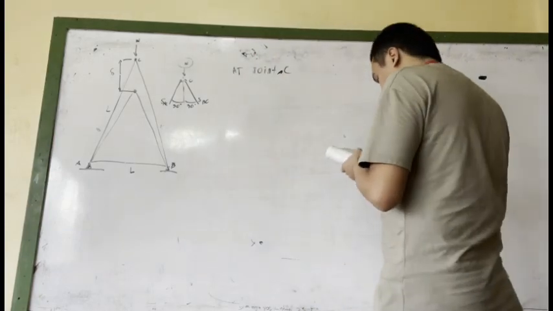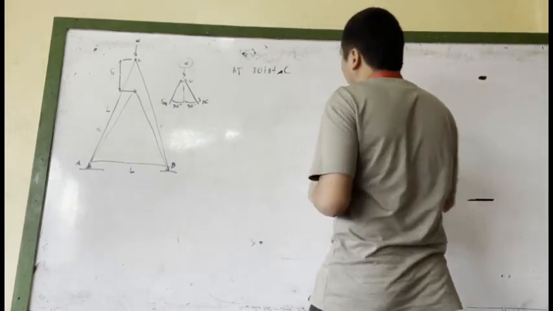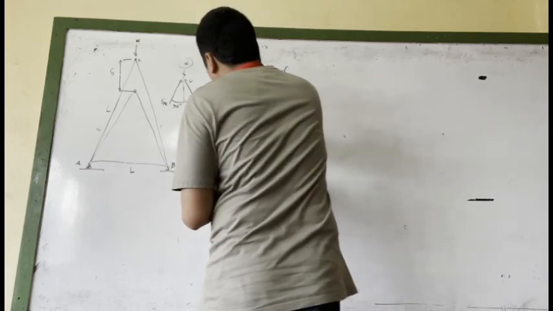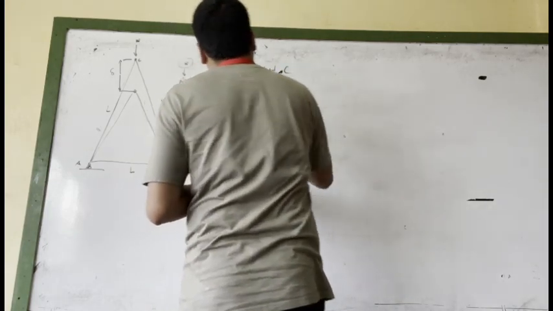So for this one, note that SAB will be equal to 0.